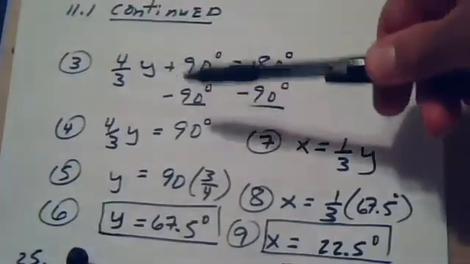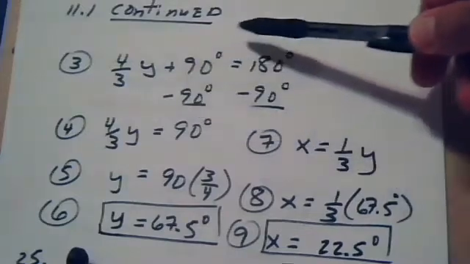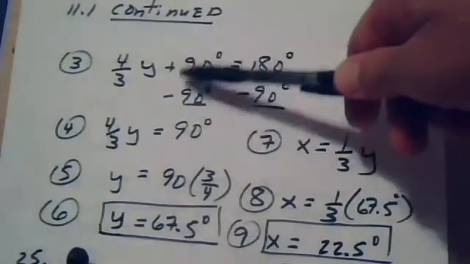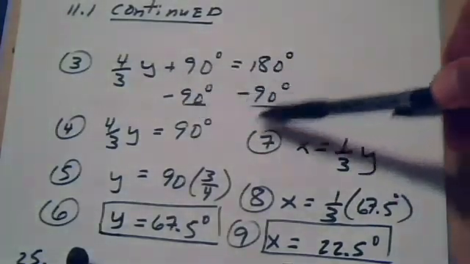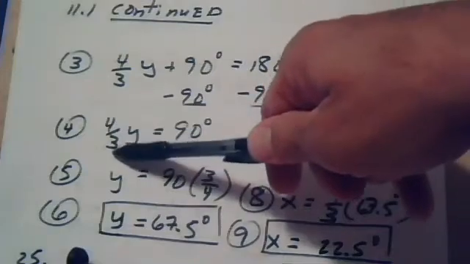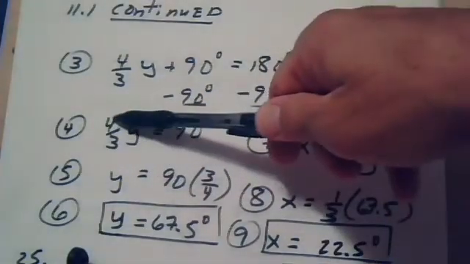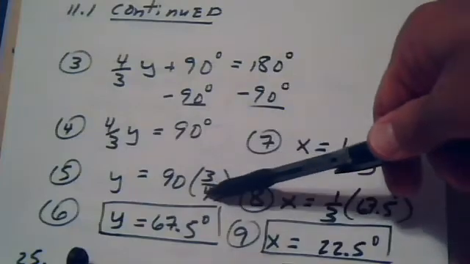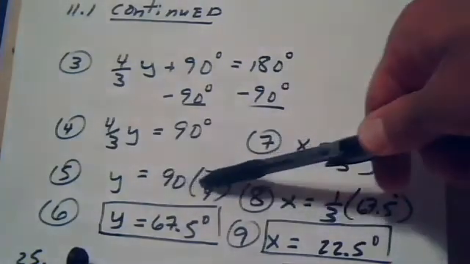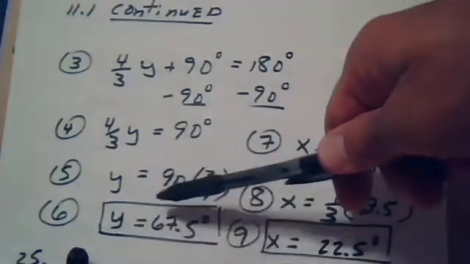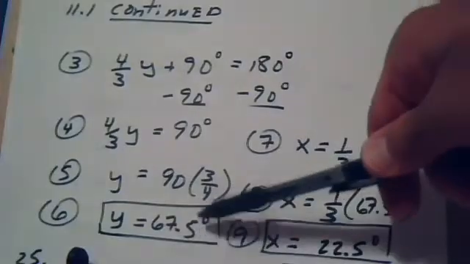So you do your algebra by moving numbers away from the variable y. So you move the 90 by subtracting. And you come back to the 4/3 by multiplying both sides by the reciprocal. The reciprocal of 4/3 is 3/4. Now you multiply this and you get y having a value of 67.5 degrees.